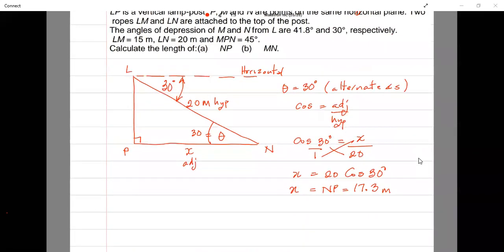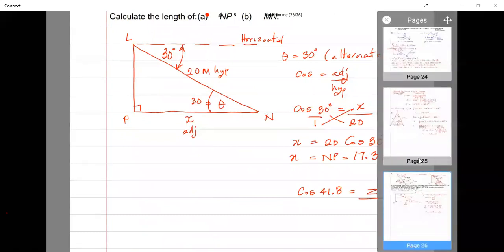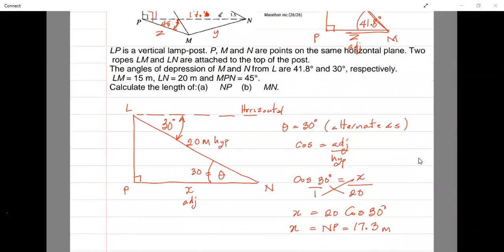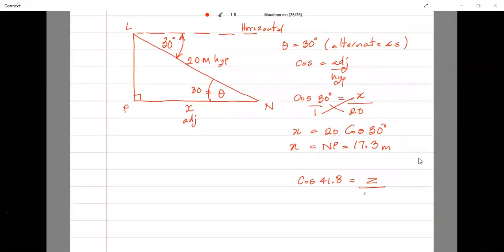So I'm going to say the cosine of 41.8 is equal to adjacent Z over hypotenuse, which is 15. If I have one fraction equal to one fraction, I'm going to cross multiply.